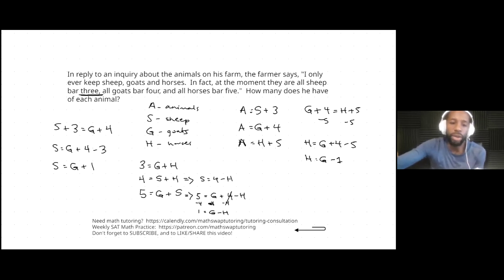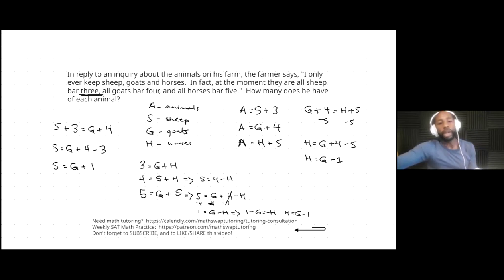Okay. So now we know what G minus H is. Sorry, I'm kind of writing this all over the place. So H is equal to G minus 1.